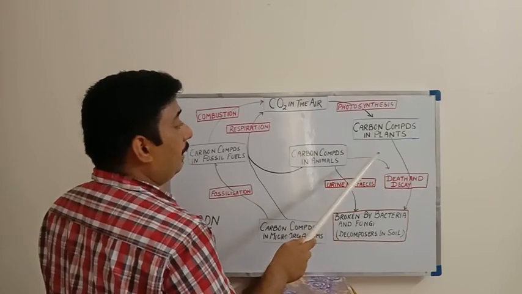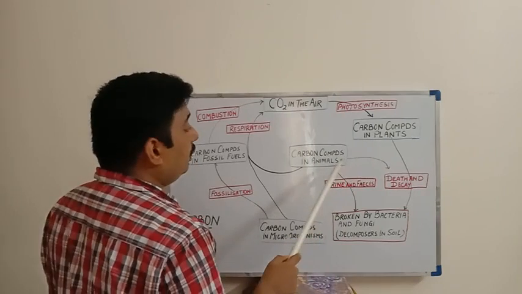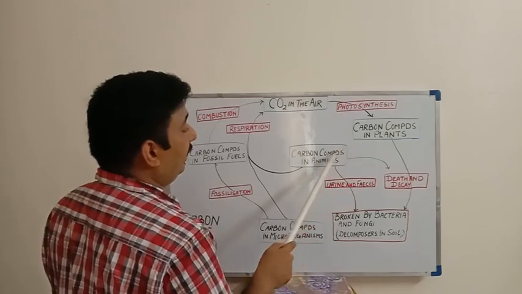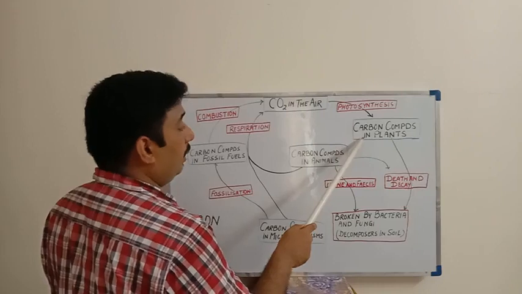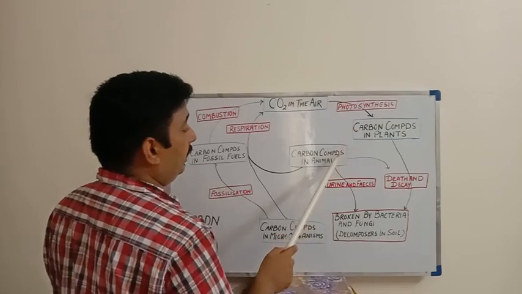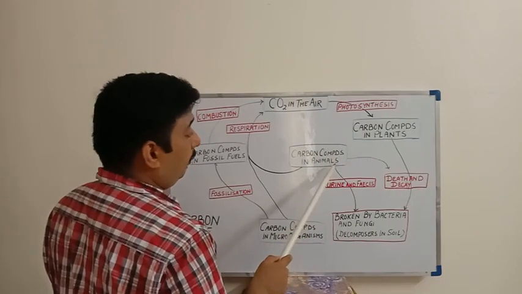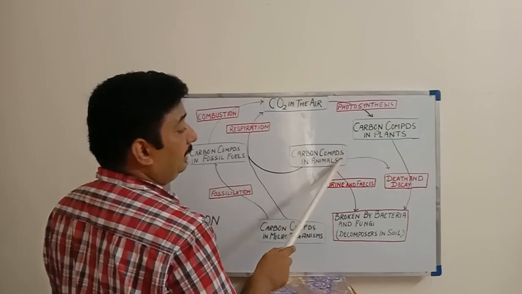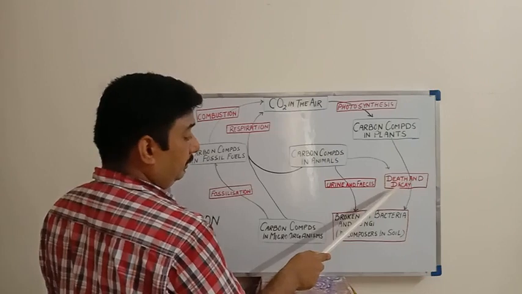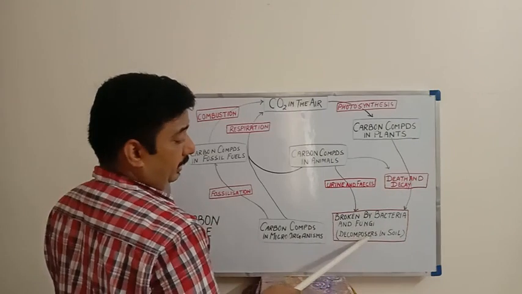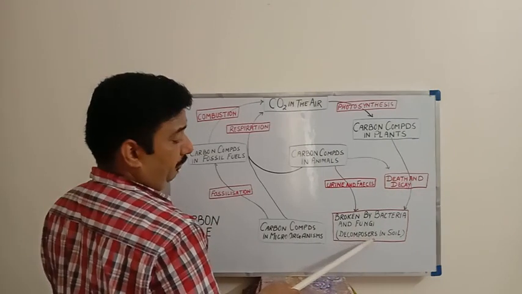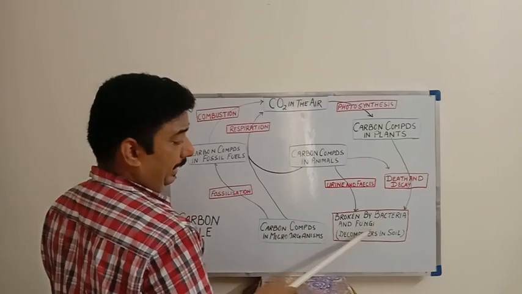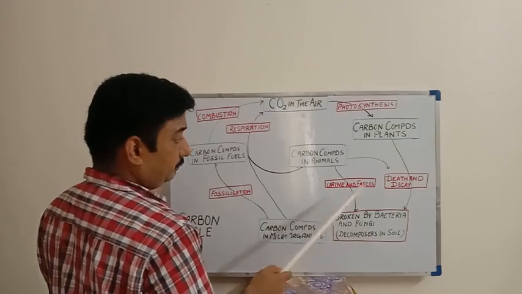Then these carbon compounds in the plants can come to carbon compounds in the animals. When animals feed upon the plant, it gets converted into carbon compounds in animals. From the animals' death and decay, what will happen? Again, it will return to the soil. The carbon compound will return to the soil by bacterial and fungal activity.